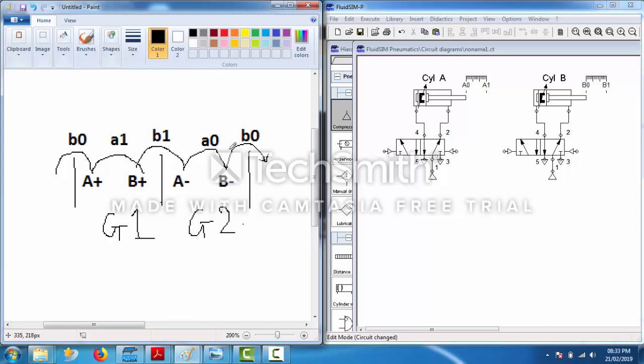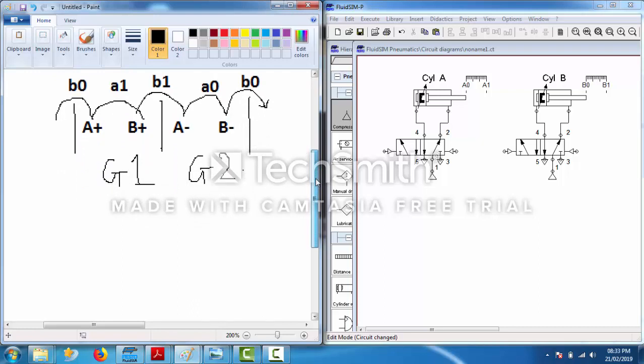Such sensors which cross a group, which go from one group to the other, are known as lower level sensors. And the sensors which do not cross over a group, for example look at A1 or A0, are in the same group. A1 is starting from group 1 and ending in group 1. Look at A0, it is starting from group 2 and ending in group 2.